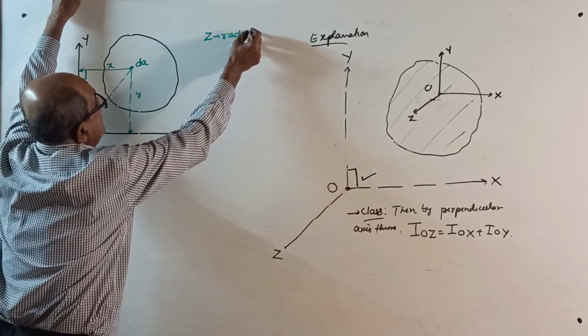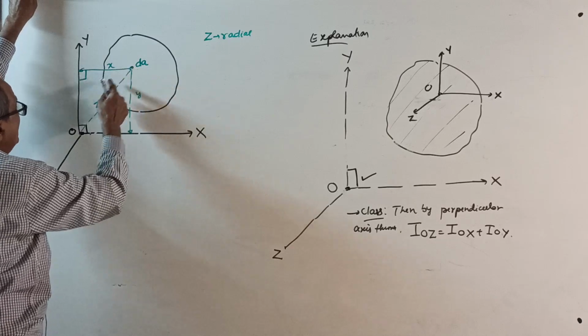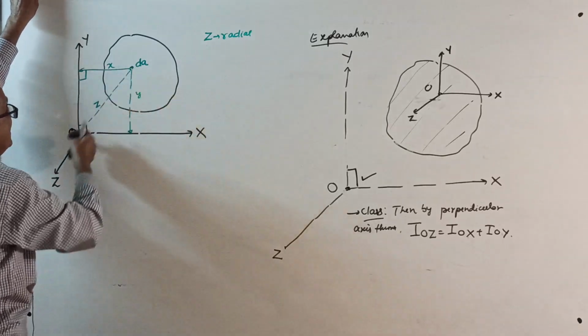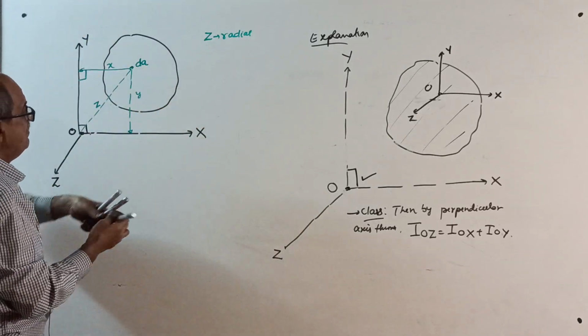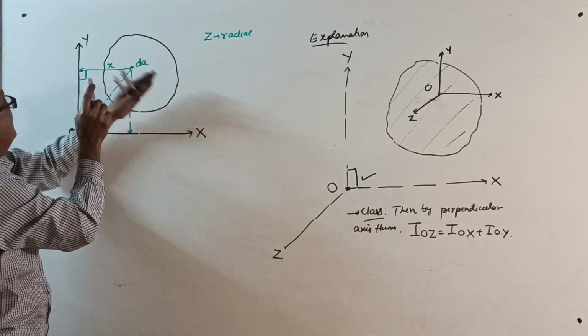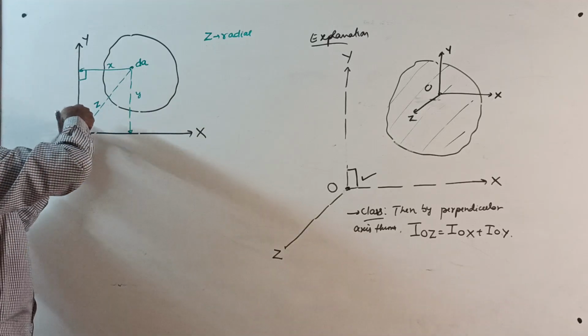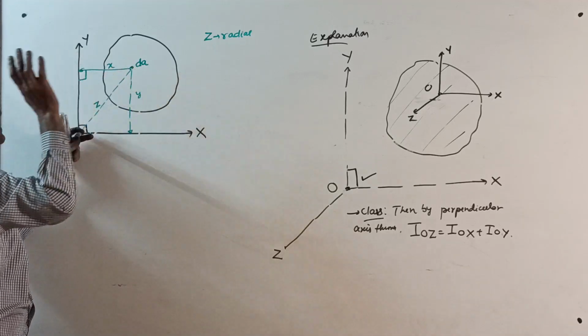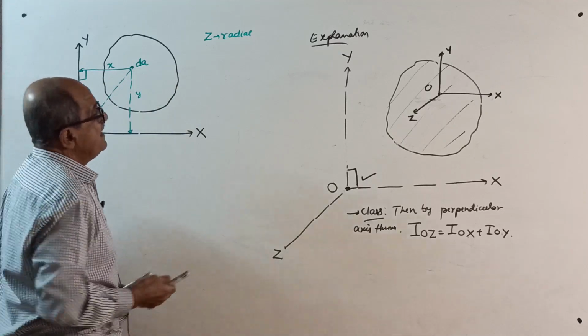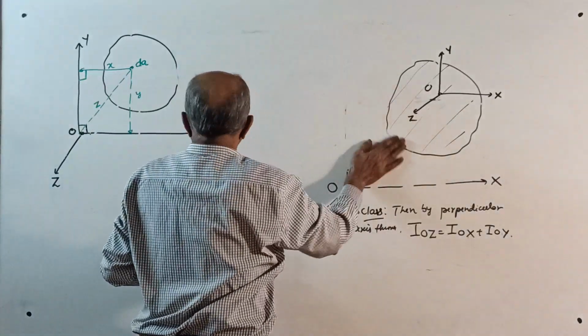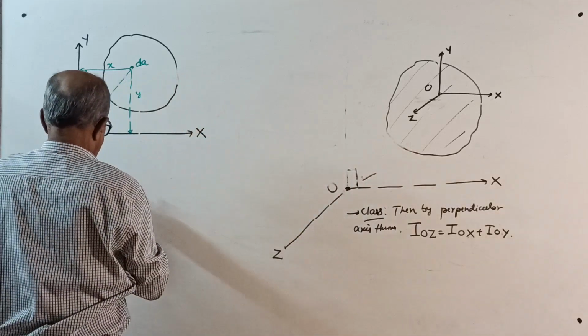You can make a note, it is the radial distance with respect to our coordinate system. From XX it is Y, from YY it is X, and from ZZ the perpendicular distance is Z. You write it this way.